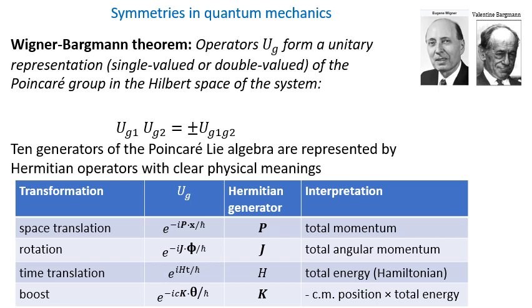The boost generator corresponds to the observable that is roughly equal to the product of the center of mass position and energy. Unitary operators of the group representation are exponential functions of the generators.